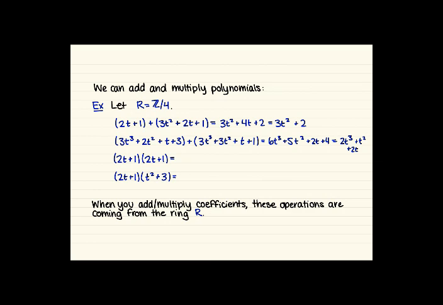All right, we can also multiply polynomials, so this will work similar to how we multiply polynomials over the real numbers or other things. So we kind of FOIL here, and we get 4t squared plus 2t plus 2t plus 1. So the 4t squared, that's going to be 0.